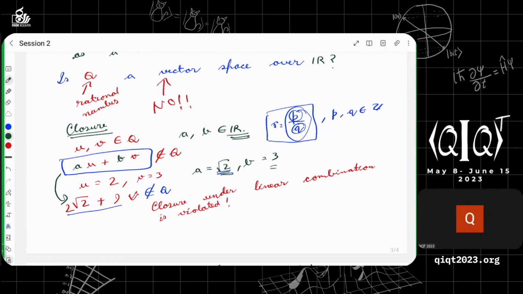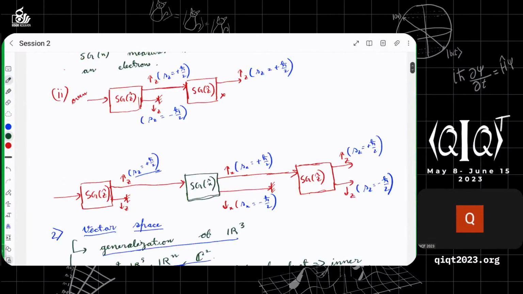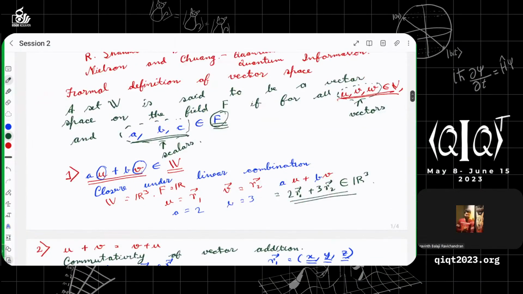Sure, yes. Can you please go to the definition of vector space? Sure. The first one, closure under linear combination. So you have a times u and b times v belonging to the space.